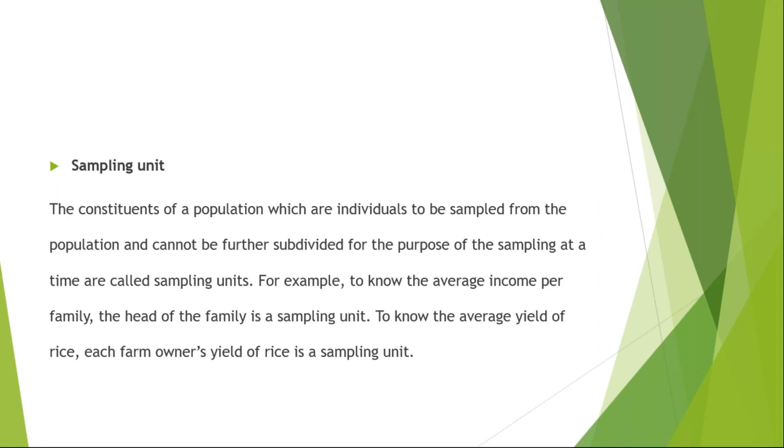For example, to know the average income per family, the head of the family is a sample unit. You don't want to involve everybody. You just go to every family, one person. That one person is a unit of the 100 families that you want to use. So each of those units is your sampling unit.